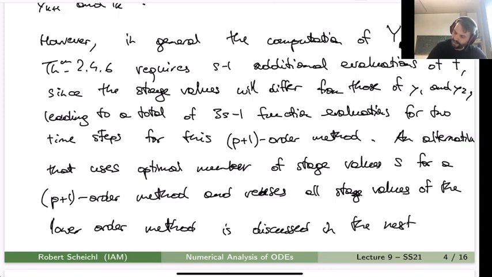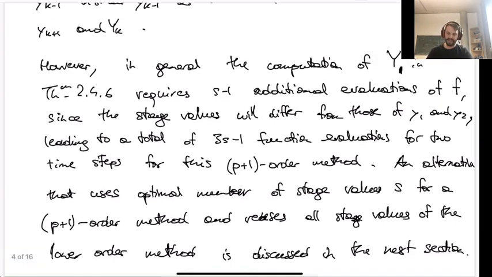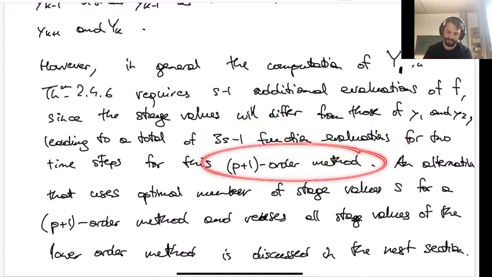So this comment basically says, okay, extrapolation as I did it in the theorem last time and explained, revised today, is one way of computing 2 approximations of different order and to run a time step control, but it requires 3s minus 1 function evaluations to get a p plus 1 order method, where the s is the s from the 2 steps.